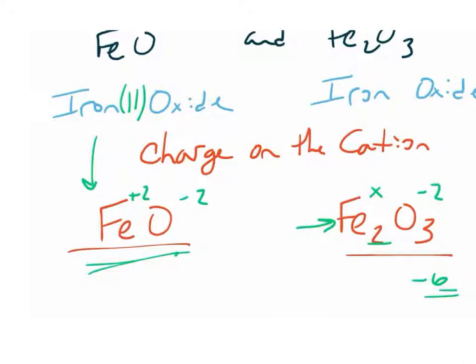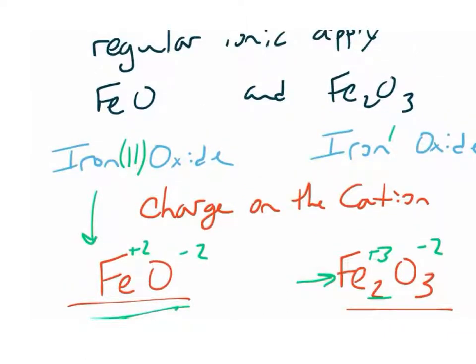So X, in this case the charge on the iron, must be a 3, because 2 times 3 is +6, and 3 times 2 is -6. So that means that the charge on the iron is +3. And now when I go back up, I put Roman numeral 3, and these are 2 completely different substances.